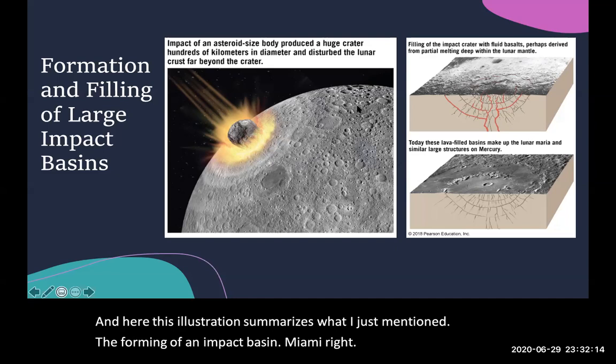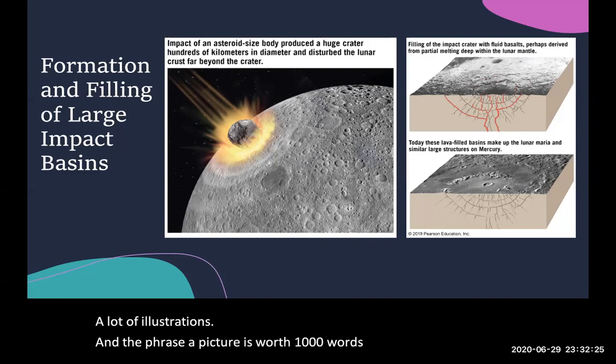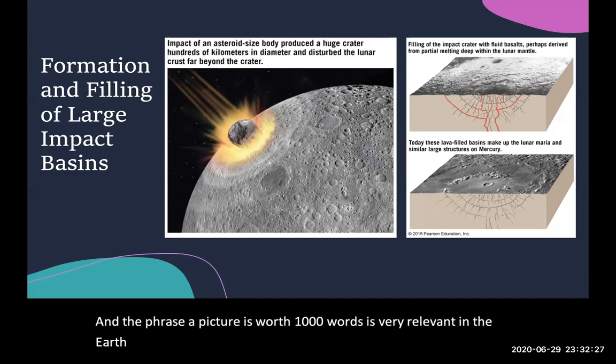In your book, there are a lot of illustrations. And the phrase, "a picture is worth 1,000 words," is very relevant in the earth sciences, which are a very visual area of study.